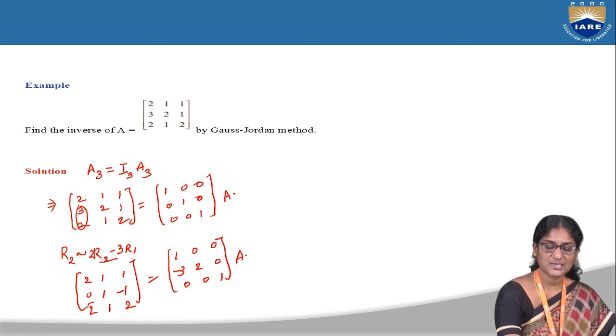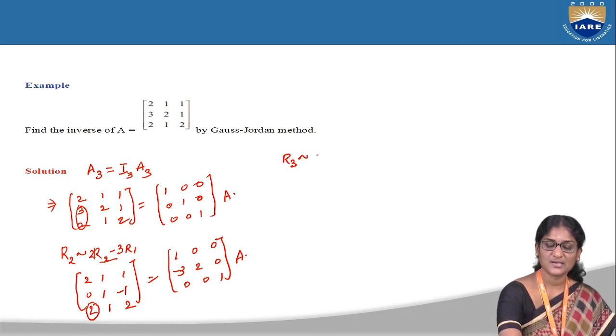The next is we'll convert this to 0. So making use of R3 reduced to R3 minus R1, I'll make use of the first row 2 1 1. So we get 0 1 minus 1, 0 0 1.